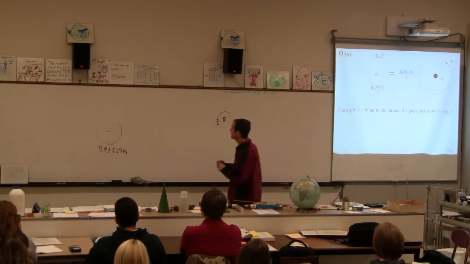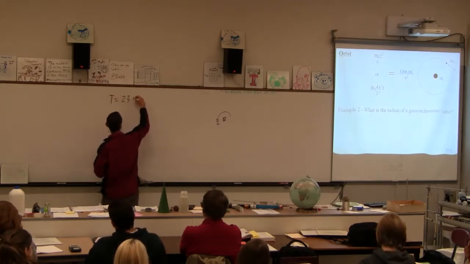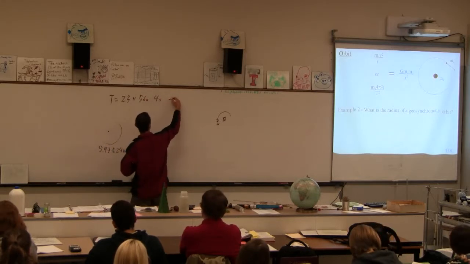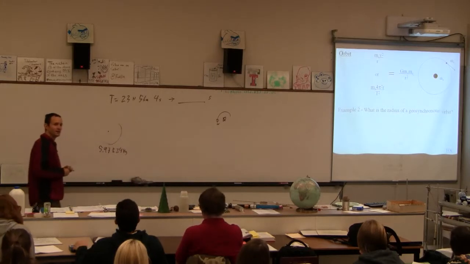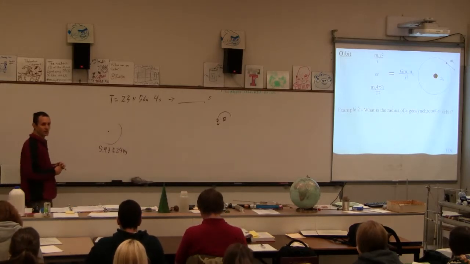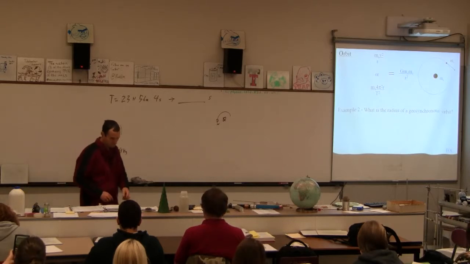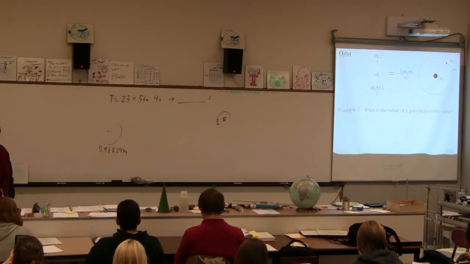So the period we know for this problem is 23 hours, 56 minutes, 4 seconds. Turn that into just seconds. How many seconds is that? Do that right now. Take your calculator. Go 23 times 3600 plus 56 times 60 plus 4. You know the answer already. Just convert.